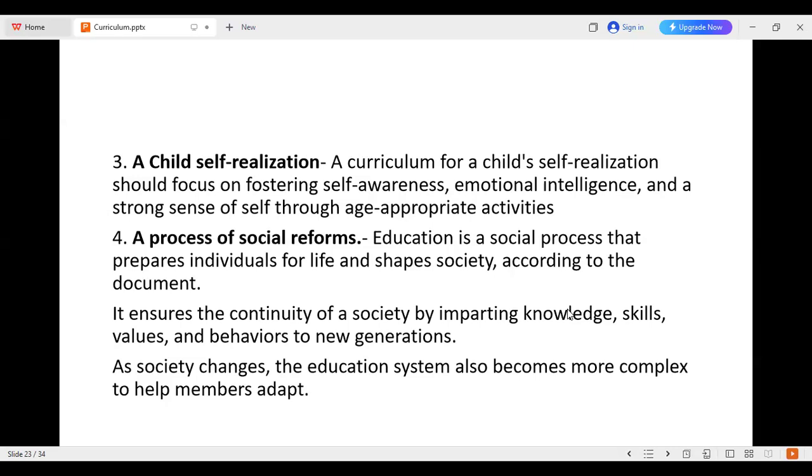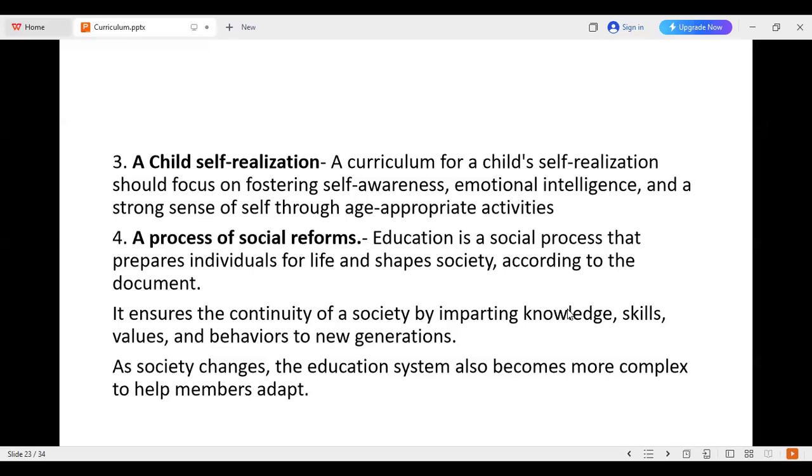We can't be happy about our society if we consider the incidents reported day by day. Whenever we formulate and develop a curriculum, we have to select what is the best out of these four.